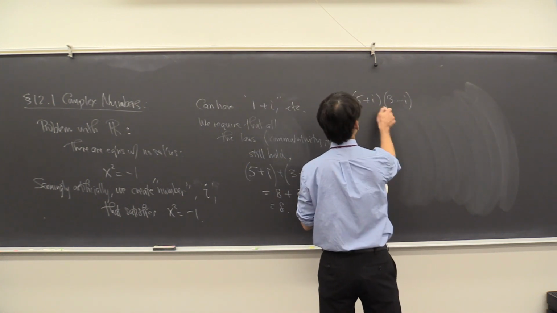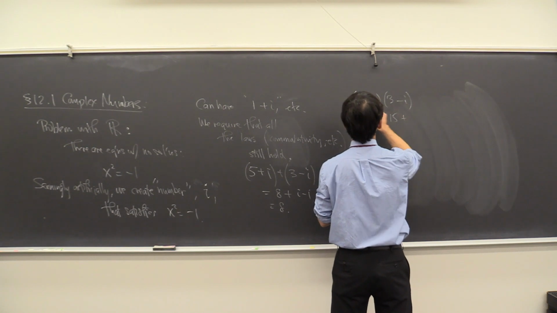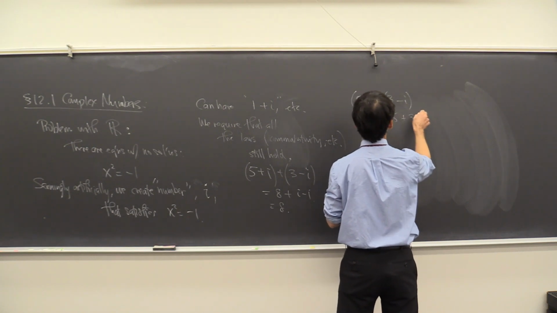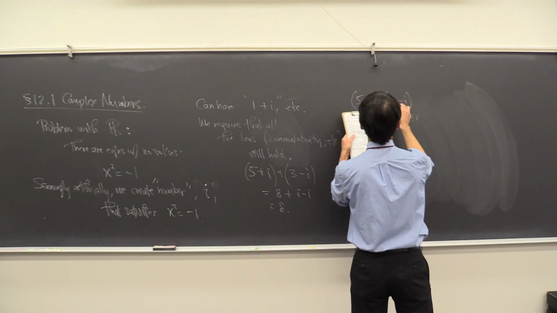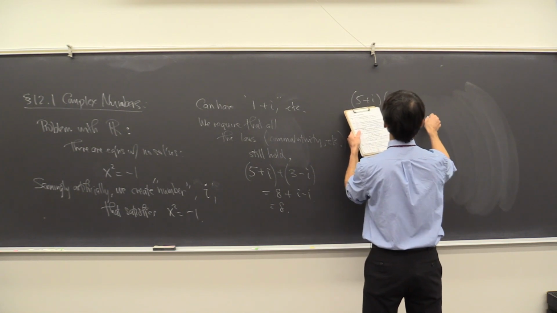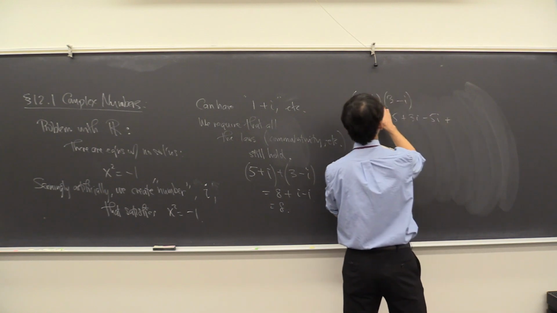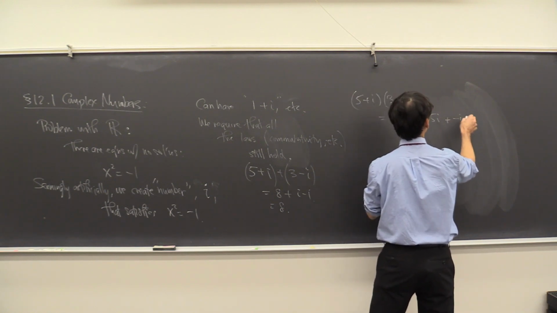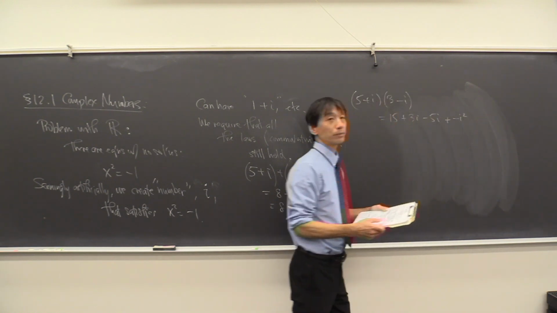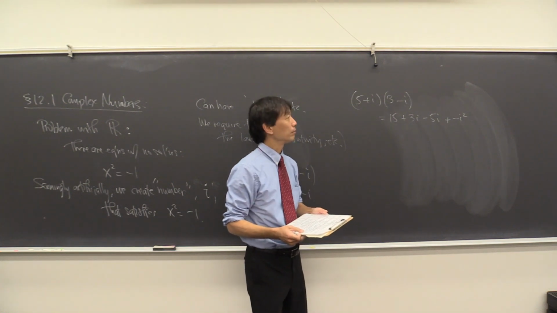And so you say, okay, this is going to be 15 plus 3i, then we've got negative 5i, and we've got negative i times i, which is negative i squared, right?